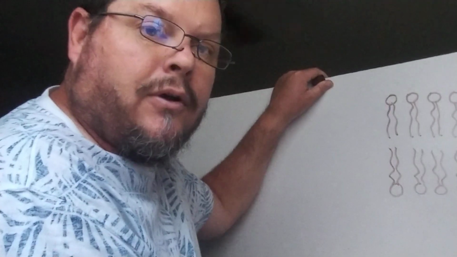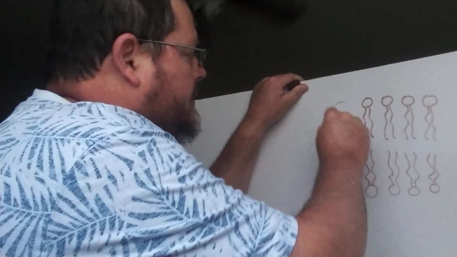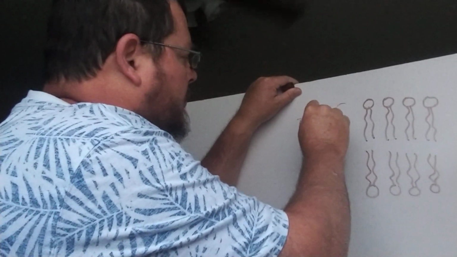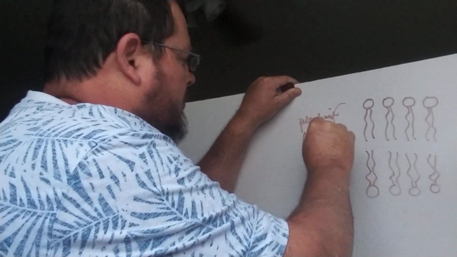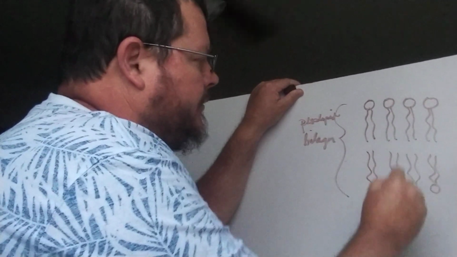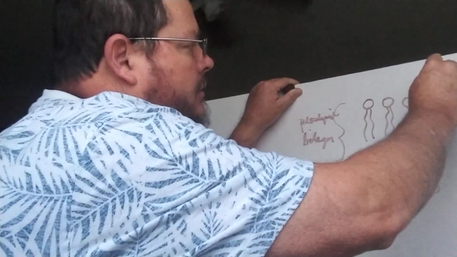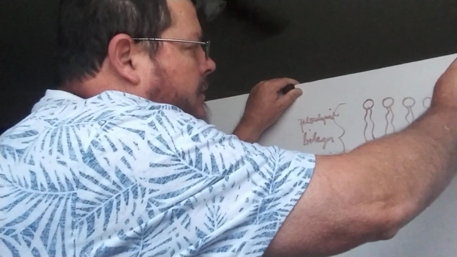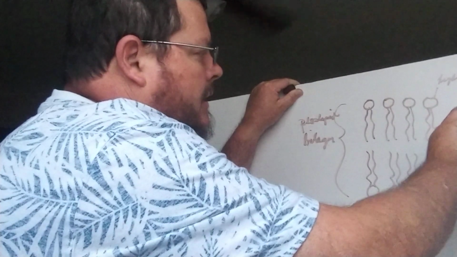Okay, so you probably can see that. This is the phospholipid bilayer. Two layers. Here's one, 2 layers. These are hydrophobic, and these are hydrophilic.